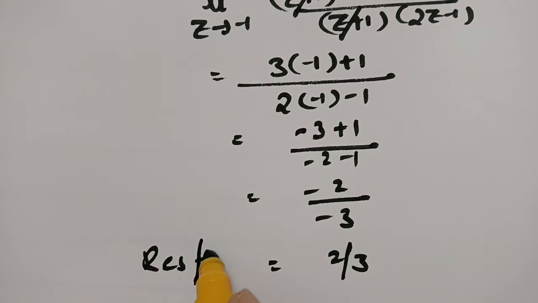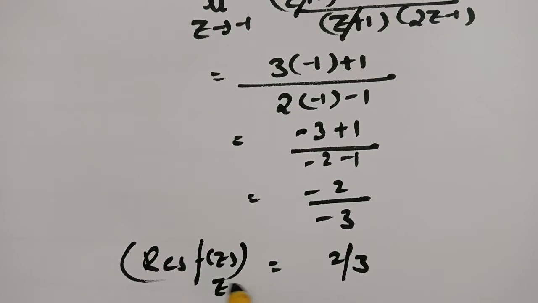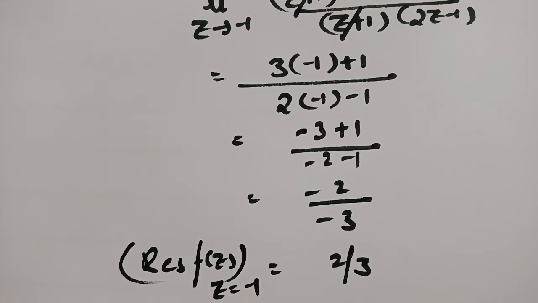This is the value of the function at z = -1. At the pole z = -1, we got the residue value as 2/3.